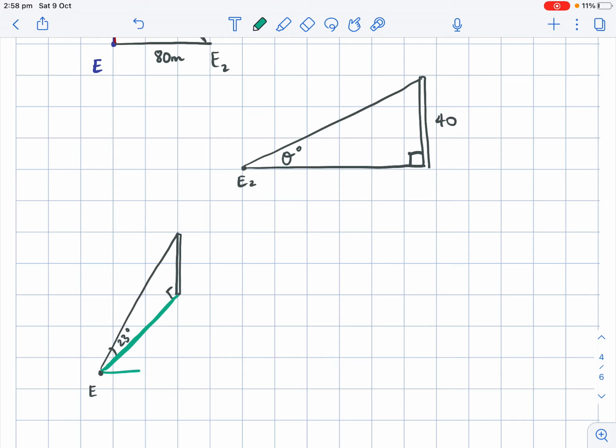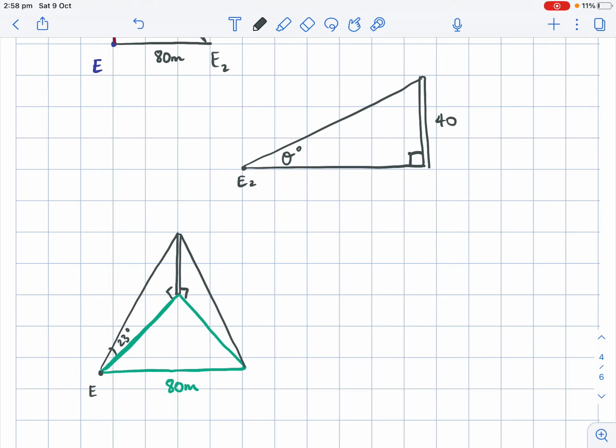Then Edwina moves along the ground, so still green, 80 metres to a second point that's over here. And we don't know how far that is, but we now know that she's got a new view of the top of the building.